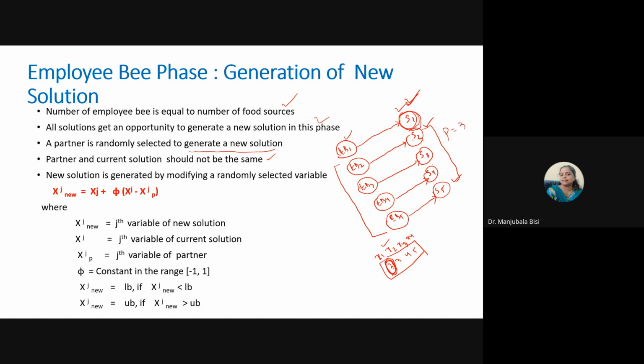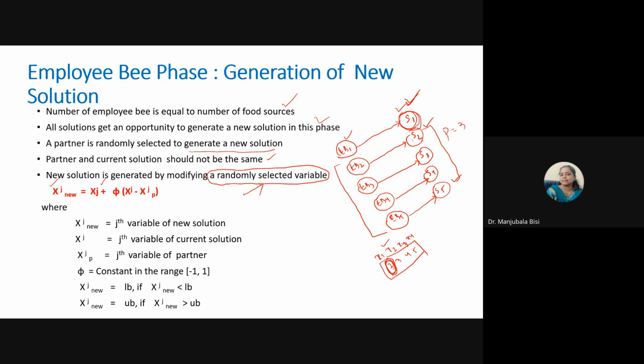Then how do we modify S1? The new solution is generated by modifying a randomly selected variable. We are not modifying all the decision variables in the solution, only a single variable. Which variable to modify, you also have to decide. Assume the jth decision variable you want to change.